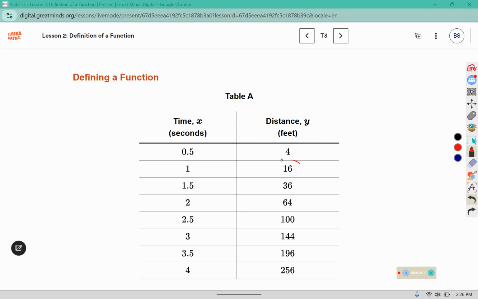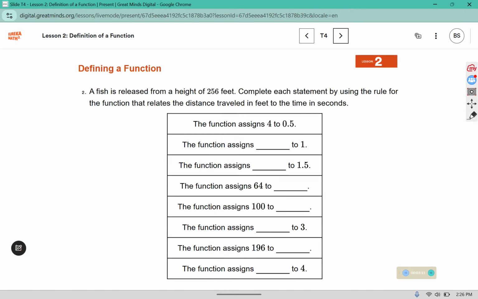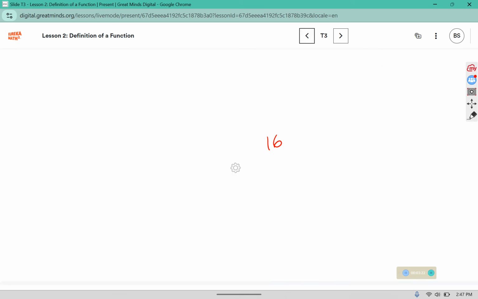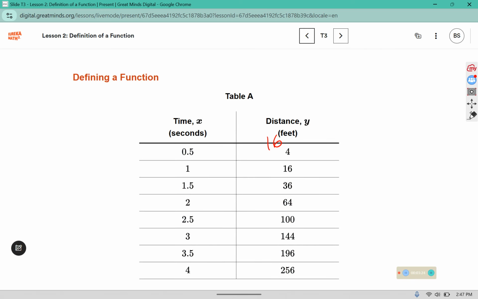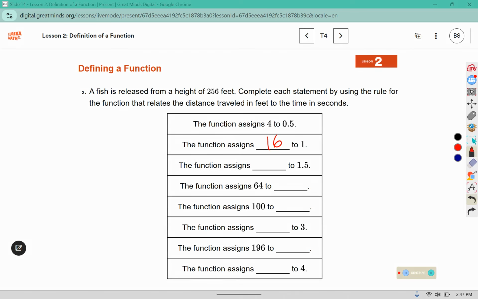Well, at 1 second, it was assigned the value 16. So we'll fill in 16 in that blank. The function assigns blank to 1.5. So looking at the value 1.5, it's assigned 36.